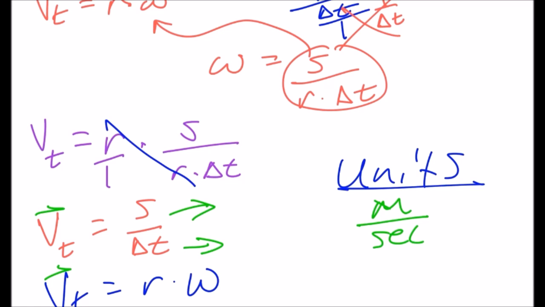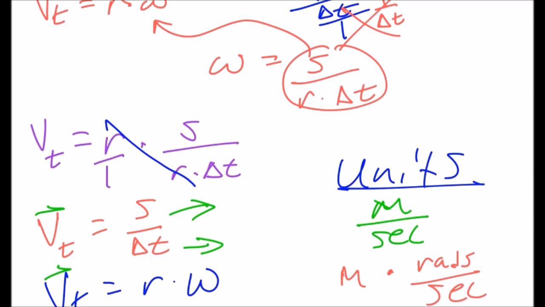Let's do it for this next one here. What's the unit for radius? Meters times. Now, what's the unit for omega? Radians per second. Okay, radians per second.